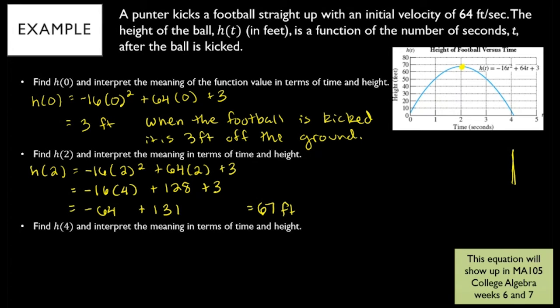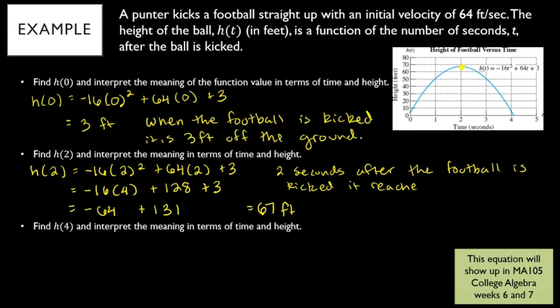So we have the graph to kind of aid us here to also determine that this is basically the maximum height of the ball. So our interpretation would be 2 seconds after the ball is kicked, after the football is kicked, it reaches a maximum height, and we only know that it's maximum because of the graph.